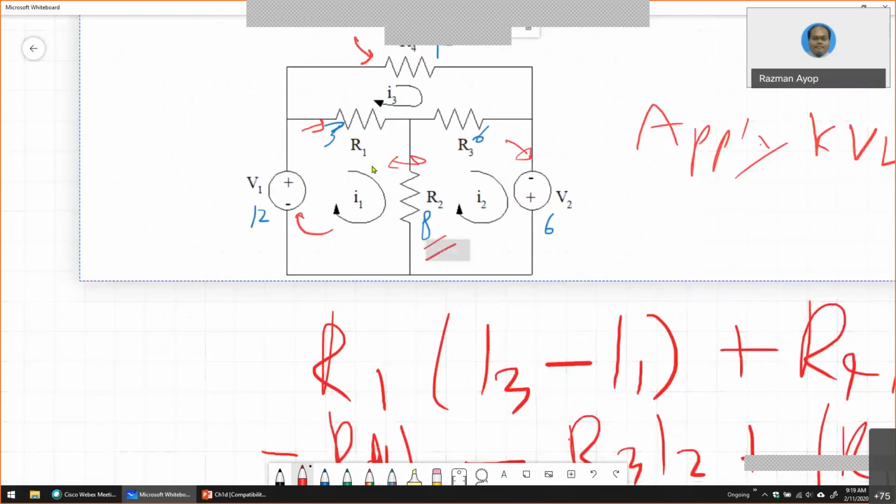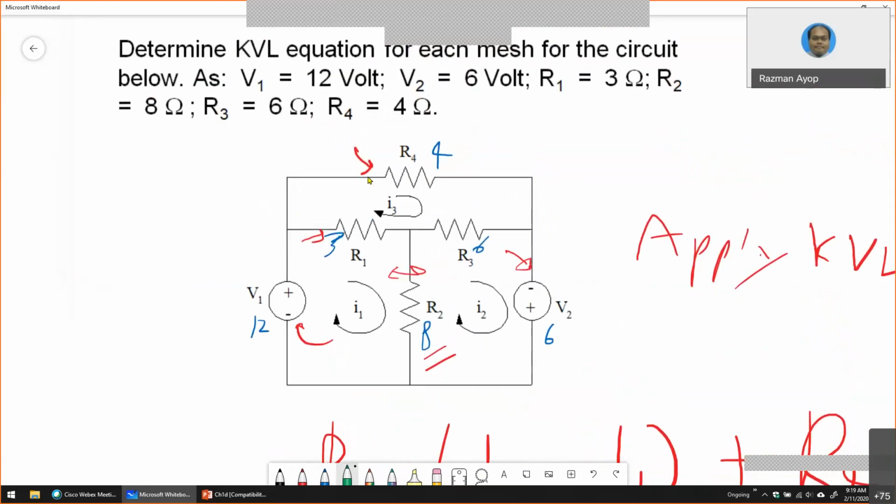If you look here, these are only the loop currents. Assume I want to find the current here, which I call IA. How to get IA?